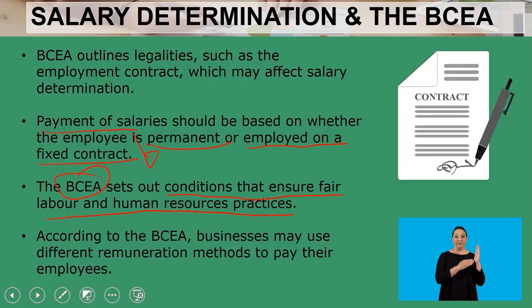According to the BCEA, and you can see we keep referring to it, businesses may use different remuneration methods to pay their employees. Again, what are those two remuneration methods? Don't forget, we've got piecemeal and the time-related method. It is totally up to us as a business, and depends on the nature of the business that we have.